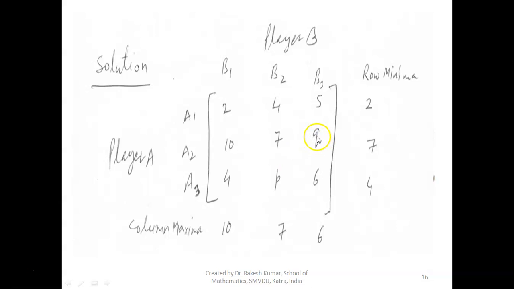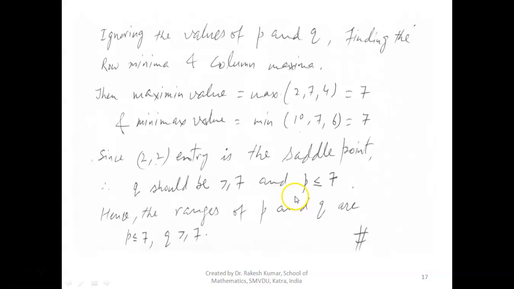Q should be greater than 7, because only in that case 7 is the minimum in this row, and P should be less than 7, only then 7 is the maximum in this column. So these are the ranges in order for this entry 2 to be the saddle point.